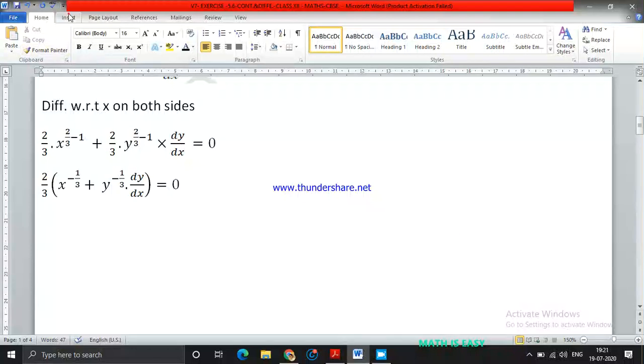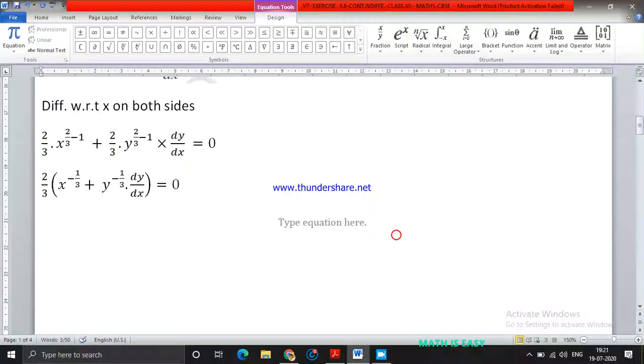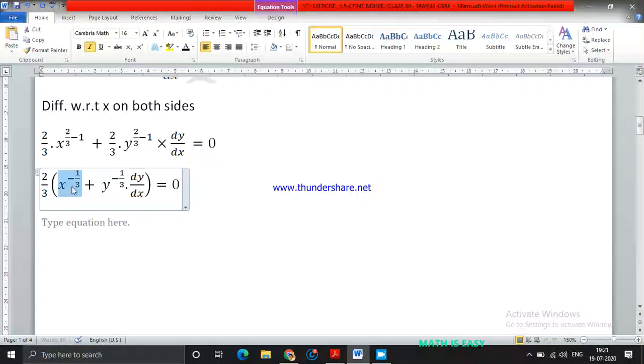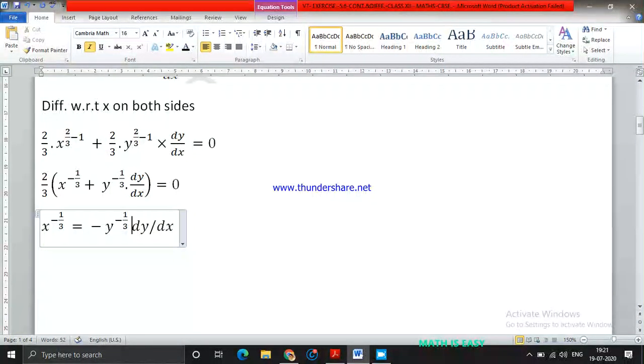So the next step I can write here: this x to the power of minus 1 by 3 will remain as it is, equals to minus y to the power of minus 1 by 3 into dy upon dx. I brought the dy by dx term to the right hand side.